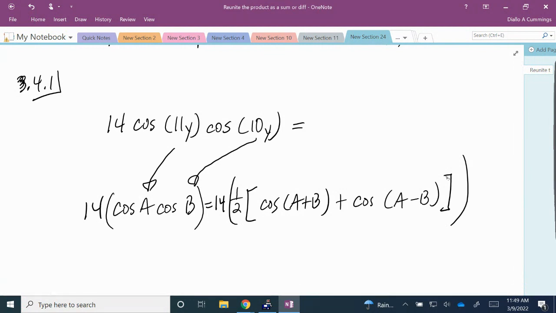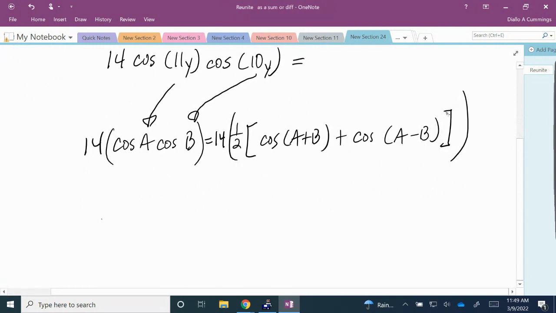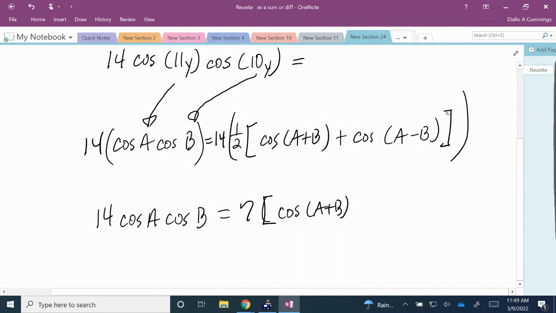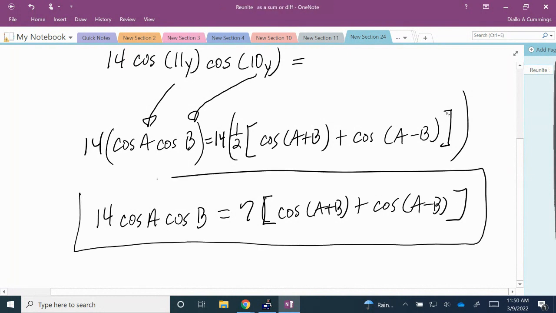So if we multiply both sides by 14, the new formula is 14 times cosine A times cosine B equal to 7, because 14 times 1/2 is 7, times cosine of A plus B plus the cosine of A minus B.